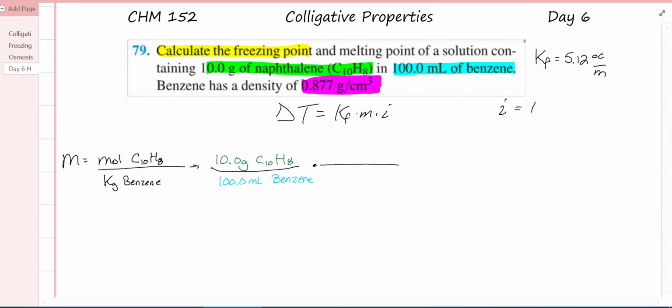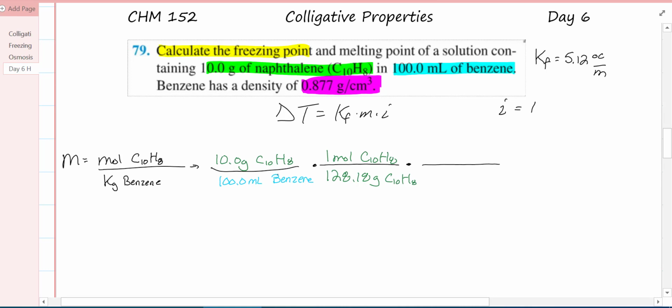We know that there's 10 carbons, so that's 120, and 8. So 128.18 grams of C10H8 is 1 mole of C10H8. Okay, so now we're in moles. That's good.